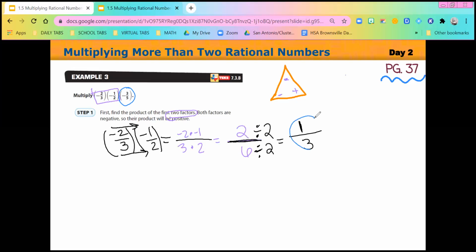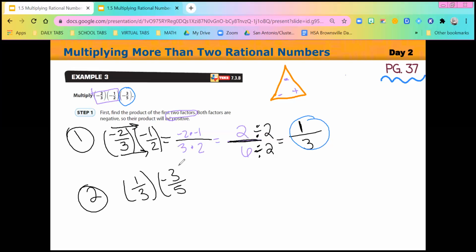So I'm going to take 1/3, and I'm going to multiply it by negative 3/5, right? And remember, with fractions, numerator times numerator, denominator times denominator.